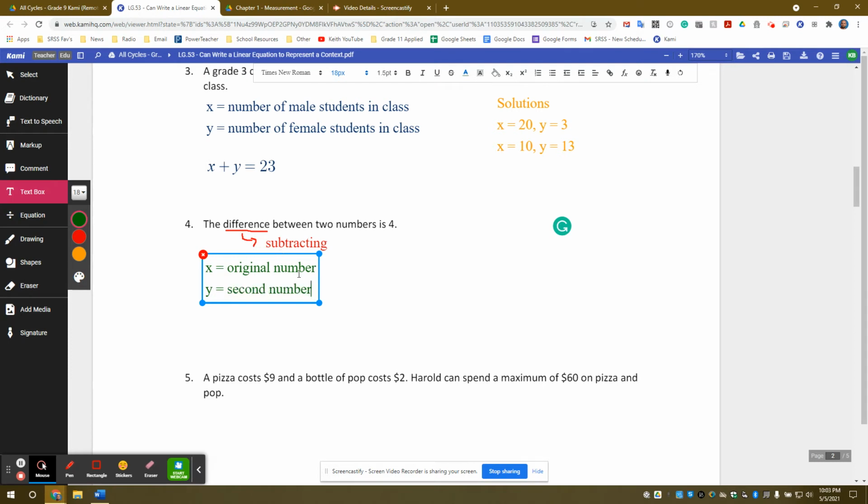That's not very descriptive, but it'll work. We're not given a lot of description in our context, so we're going to say that these are our two numbers.